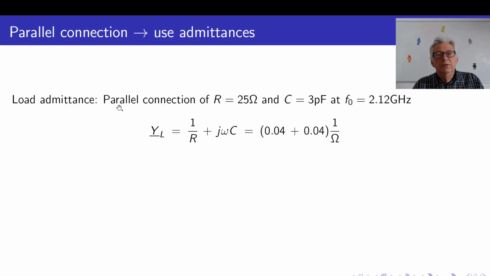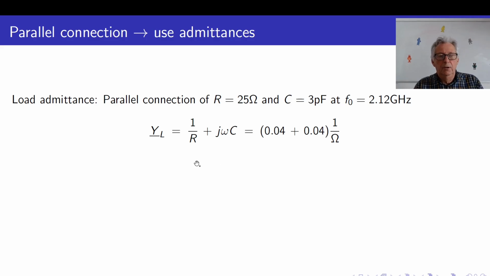Our load impedance is a parallel connection of a resistor of R 25 ohm and C 3 picofarad at a frequency of 2.12 gigahertz. So if I calculate the load admittance, I must use this equation: 1 over R plus j omega C. If I insert our numbers, this would result in an admittance of 0.04 plus j 0.04.